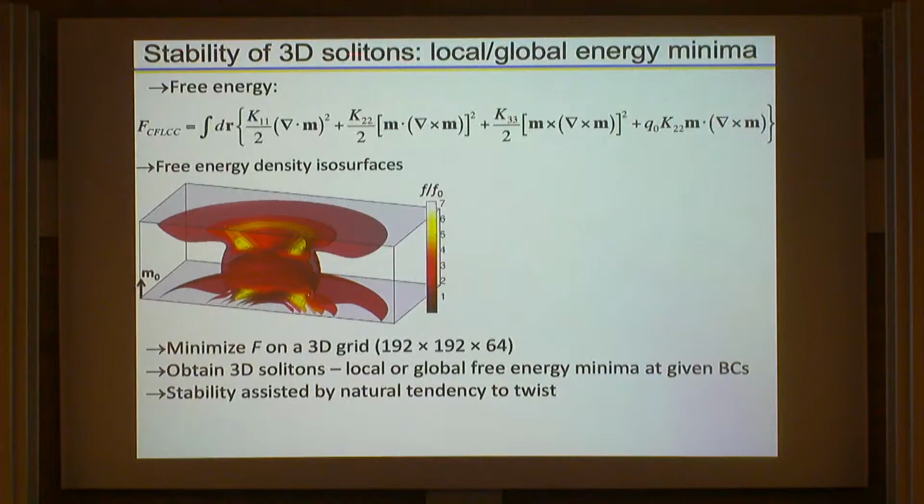So in this case, we minimize the free energy in this form that I already discussed briefly on a large three-dimensional grid, and with the help of a finite difference numerical approach, we also define the uniform far-field background.